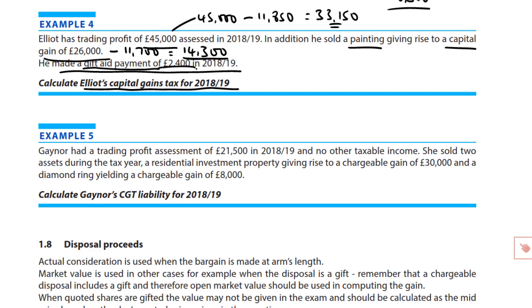So let's see what we have got therefore. We had a basic rate band limit for our year of £34,500. But that now needs to be extended by the gross amount of your personal pension contribution. Now again, it was important there, personal pension here, gift aid payment.